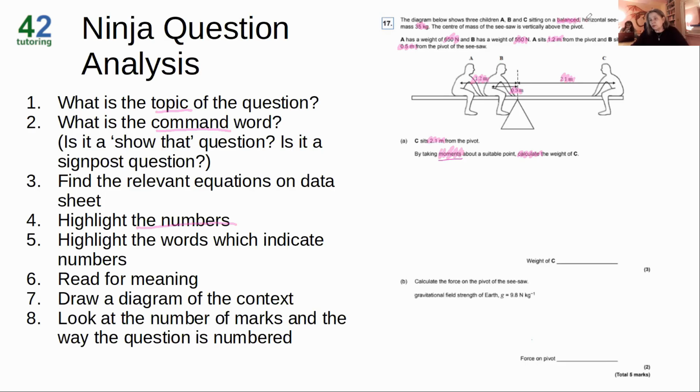You could highlight the word horizontal, because they both indicate, I mean, it's not exactly numbers, but it sort of is. And you've got the center of mass. They've told you where the center of mass is. Remember that the center of mass is where the weight appears to act. And it's above the pivot. So I'll change my color. We could put in the center of mass there.